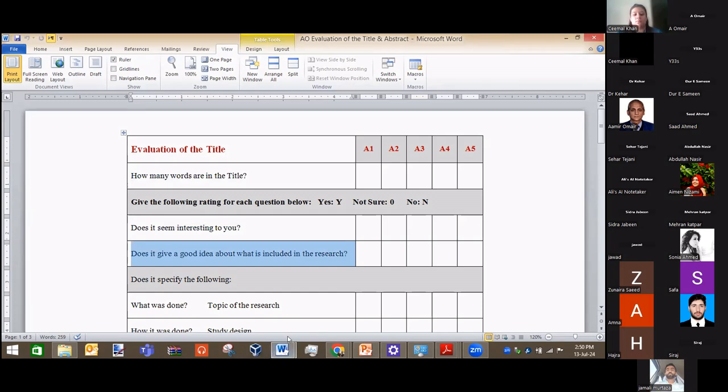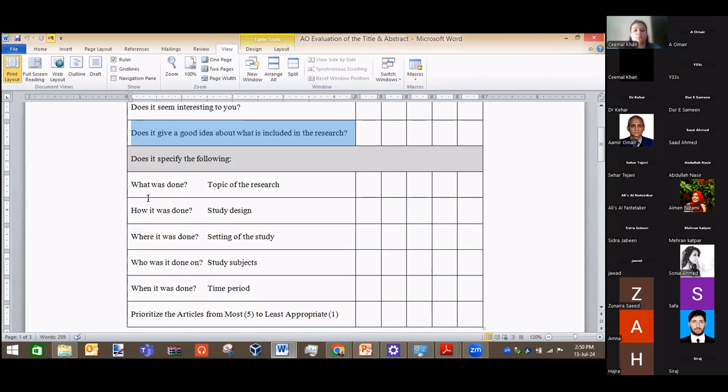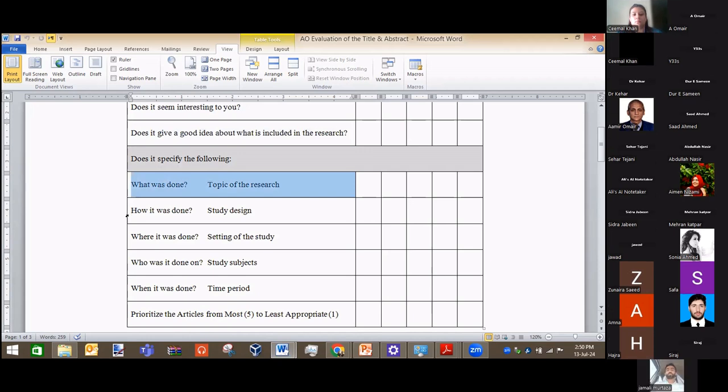Now, these are things that reviewers will be thinking about. Does it specify the following? What was done? Generally, this is always there. How it was done, study design. If it's a higher level, like a cohort or clinical trial or case control, mention it. If it's an observational cross-sectional case series, maybe not really required.